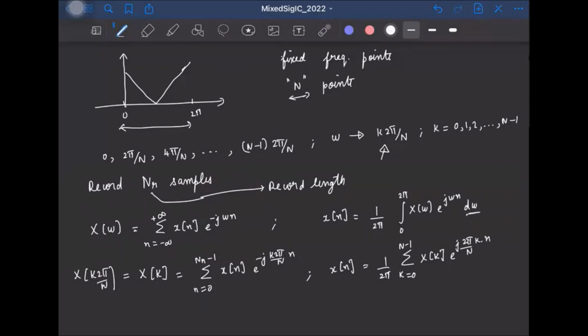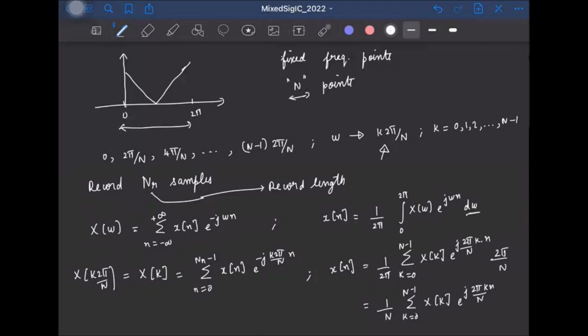And what is d omega? Well, we are incrementing in steps of 2 pi by n, so d omega is essentially 2 pi by n. So this simplifies to 1 by n summation k equal to 0 to n minus 1 X of k e power j 2 pi k n by n.